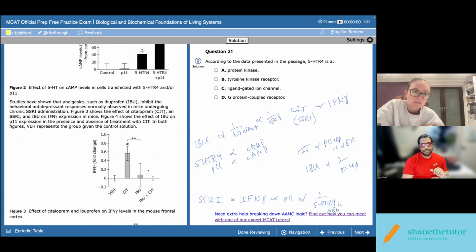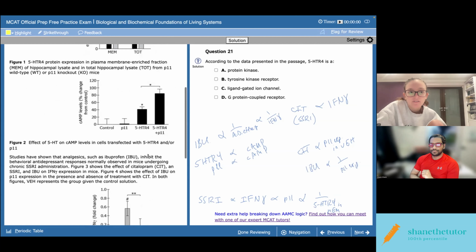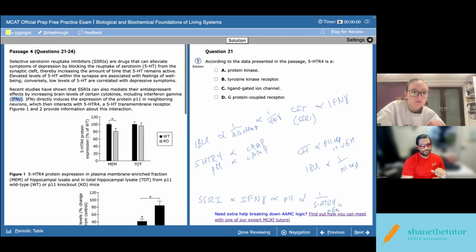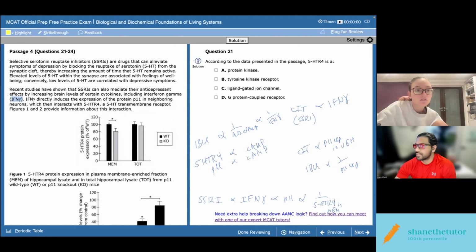All right. And then for this answer, from this, I know it has something to do with proteins, and protein P11 interacts with 5-HTR4.